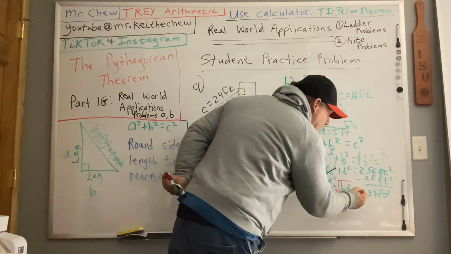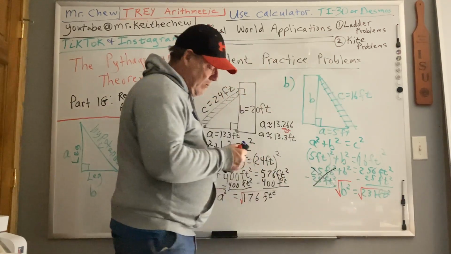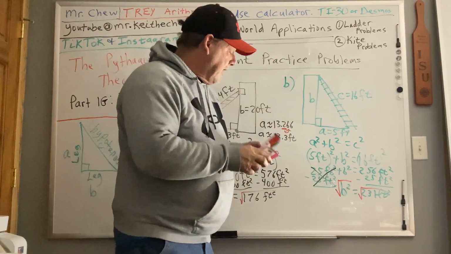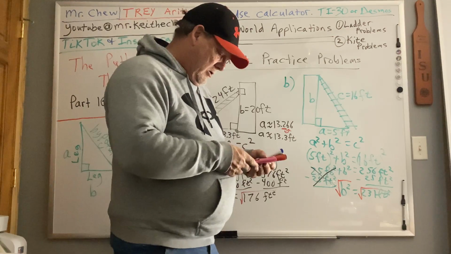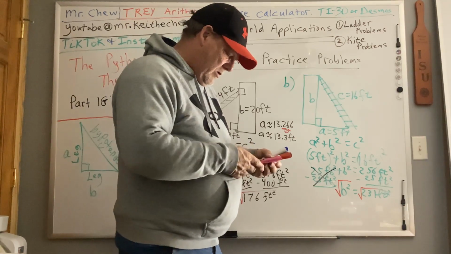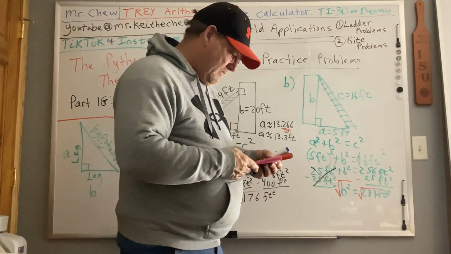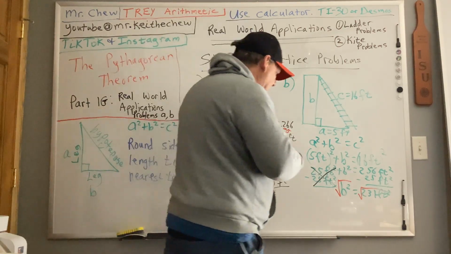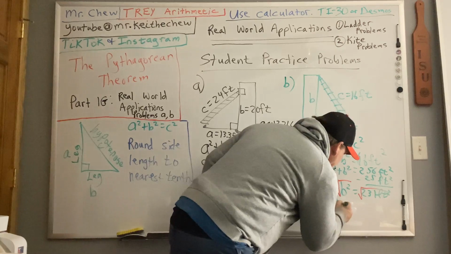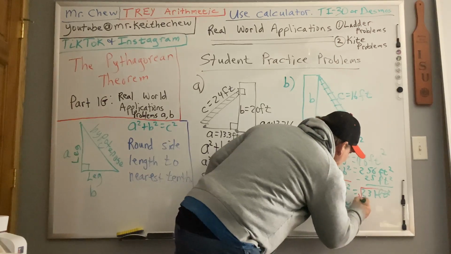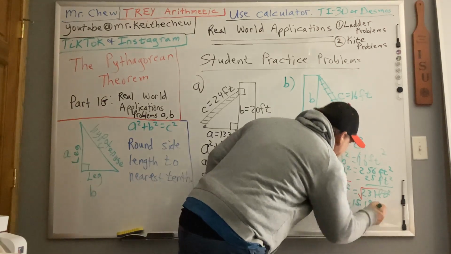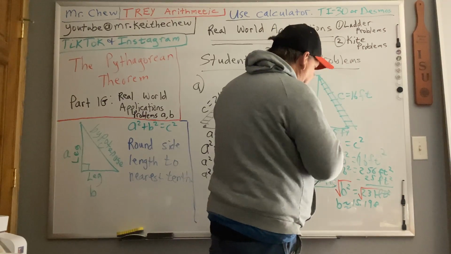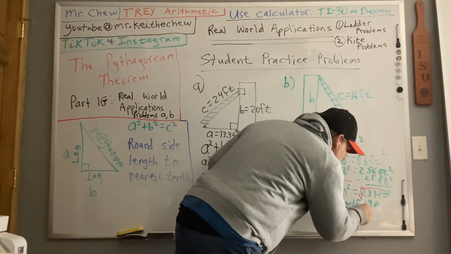I take the square root of the left, square root of the right. Take my calculator, second x squared, 231, 15.198. I round to the nearest tenth.